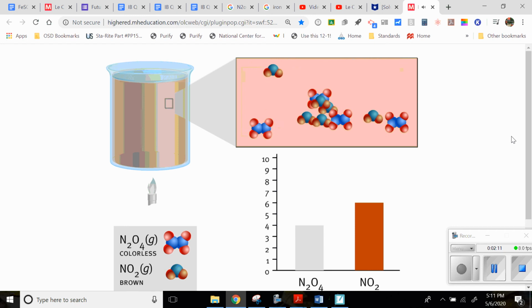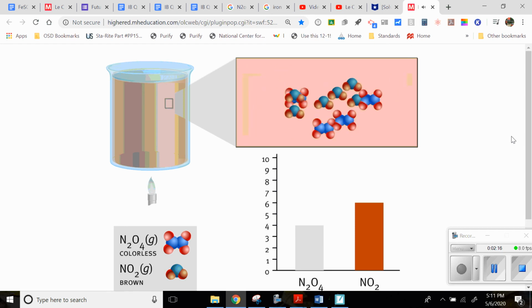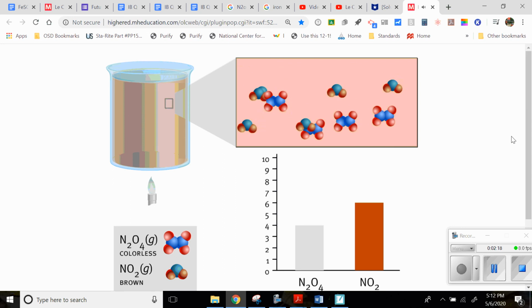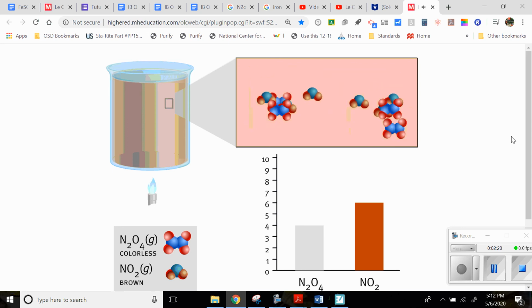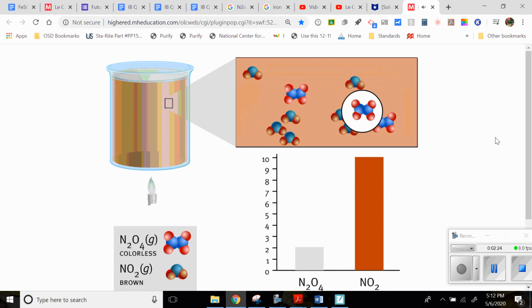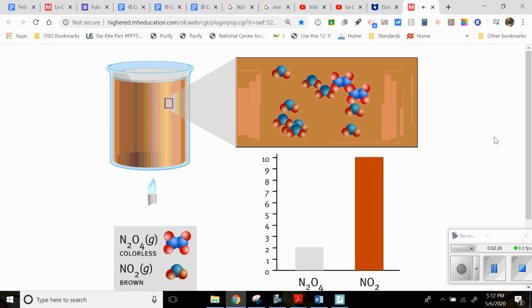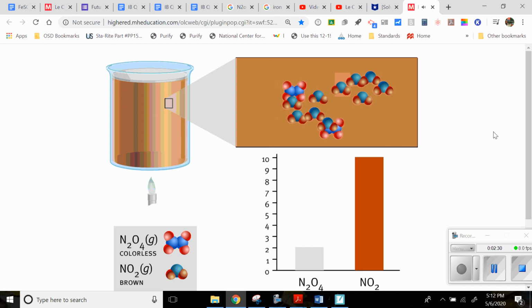Since it takes more heat in order to get the reaction to go, when I add heat to this system, the equilibrium will end up shifting to the product side. So if I'm adding heat to the left to compensate, I will add more product to the right.